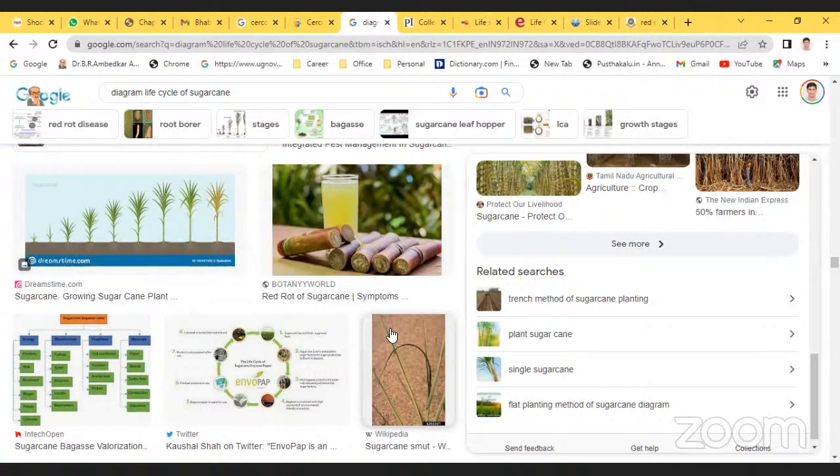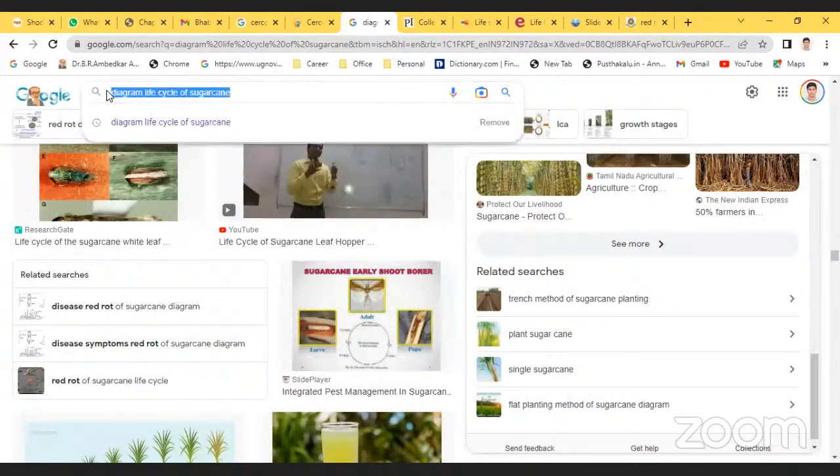Then all the topics are completed. I think one more class is there on Albugo candida. It is very simple. I will finish within 5 minutes. Albugo candida is also very important.